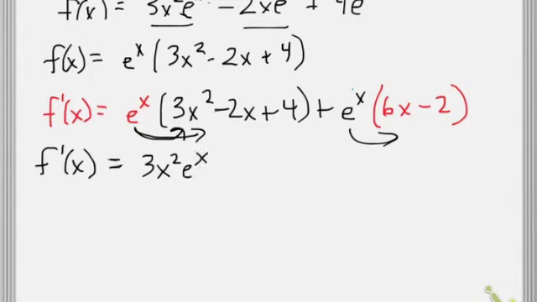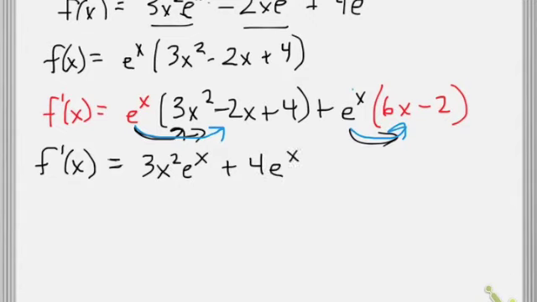Note now, let me change my color here. If I distribute the e to the x to the minus 2x and distribute the e to the x to this 6x, I'm getting minus 2x e to the x plus a 6x e to the x. I'm just doing this in one step, which is going to give me plus 4x e to the x.